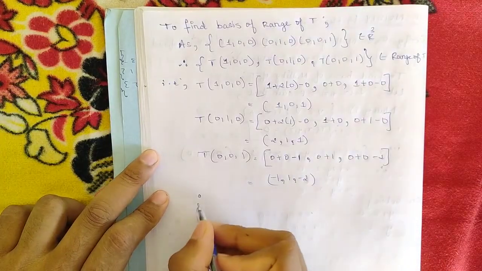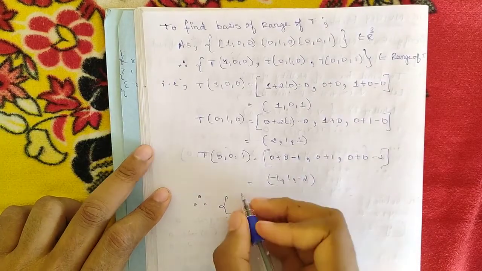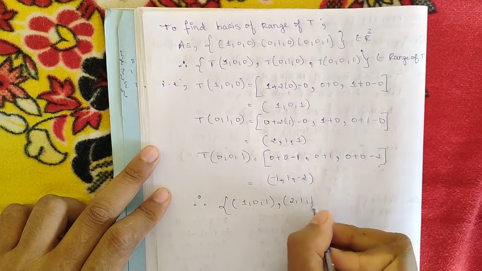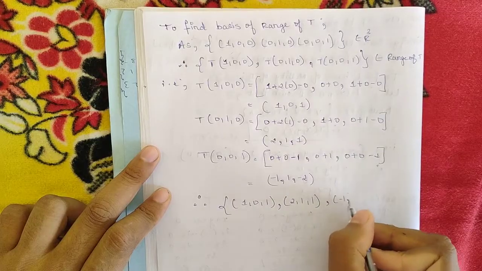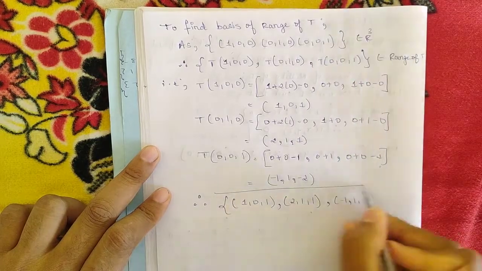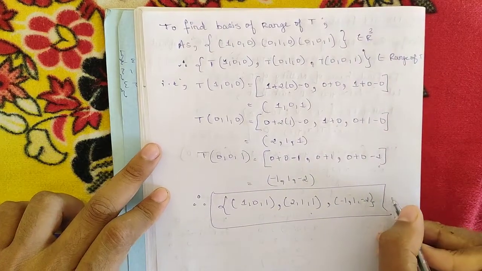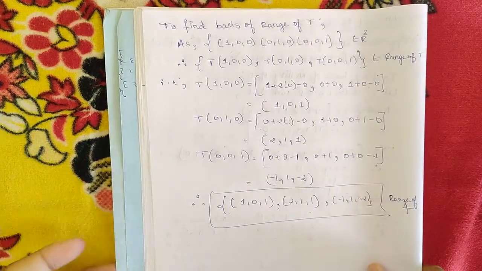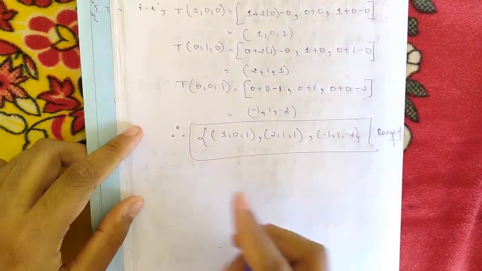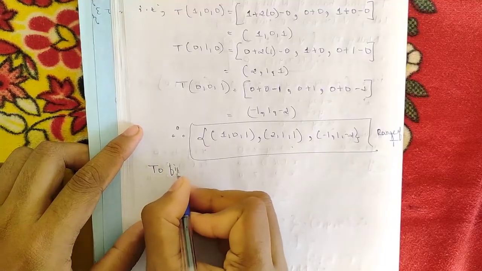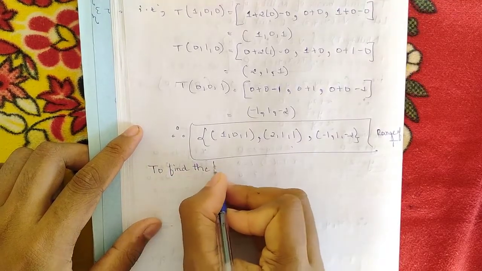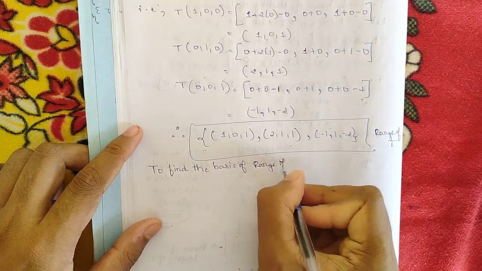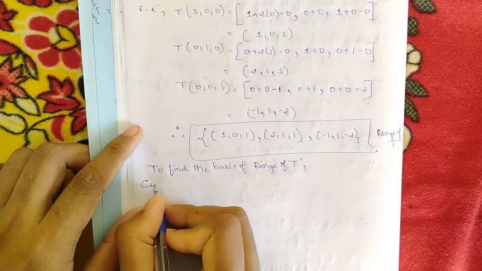Okay, so therefore we can say that the range of T is 1 0 1, 2 1 1, minus 1 1 minus 2. Okay, so this is the range of T. Now the next step is to find the basis of range of T. We should be considering a matrix.